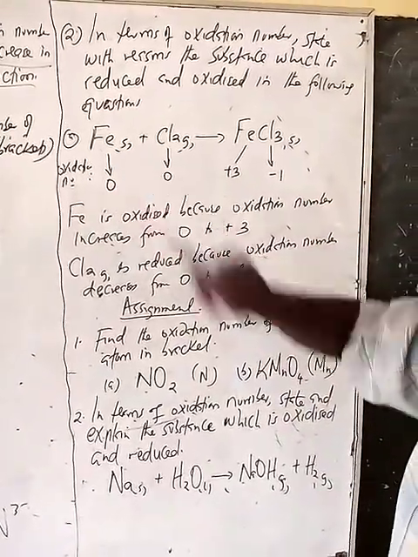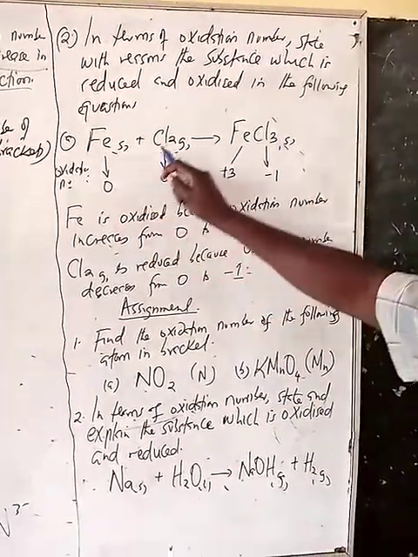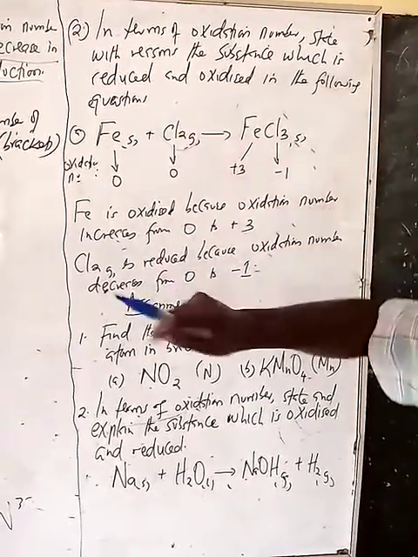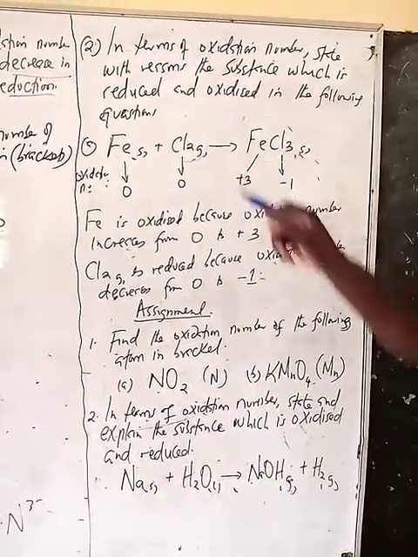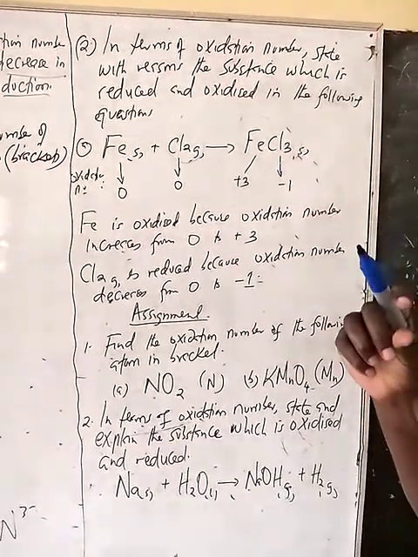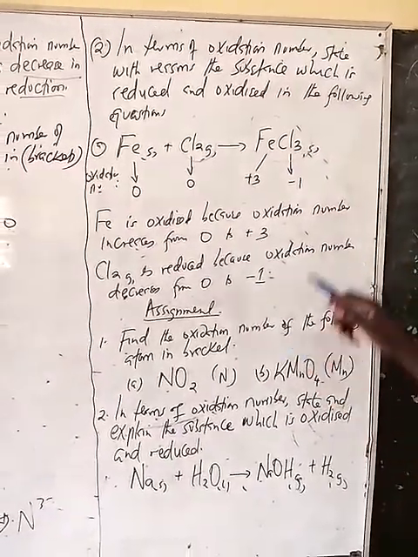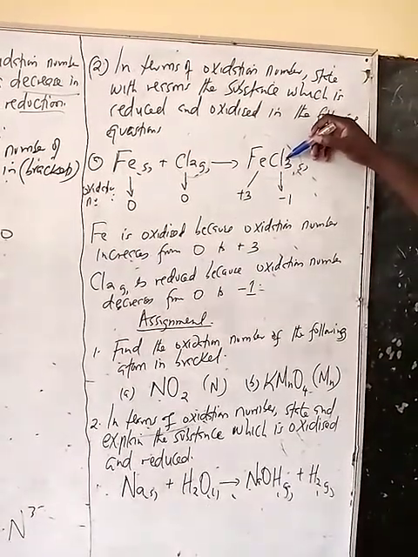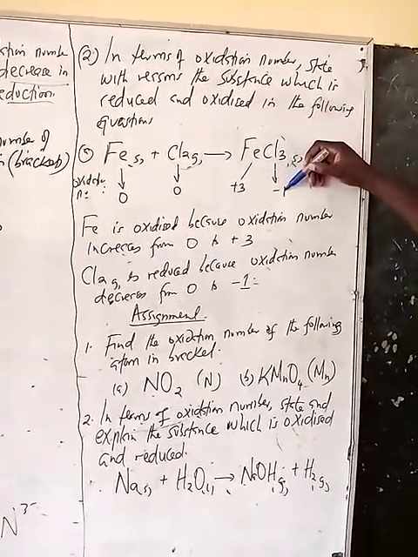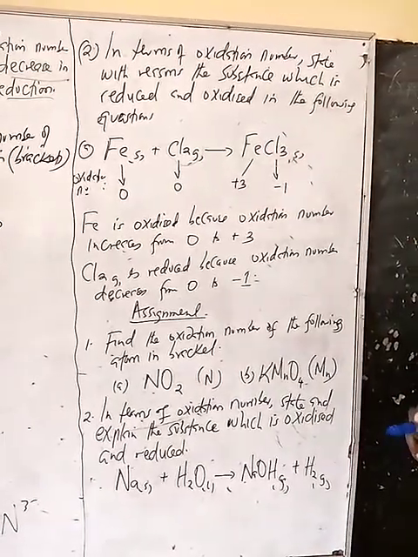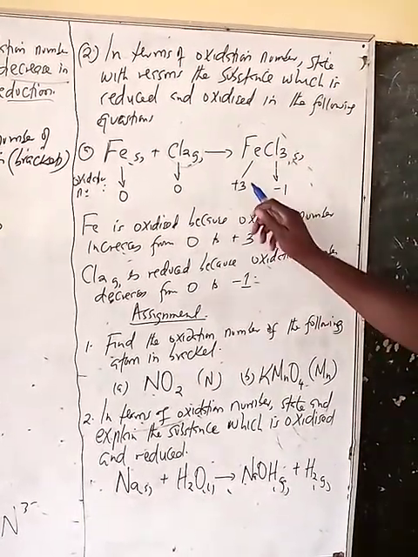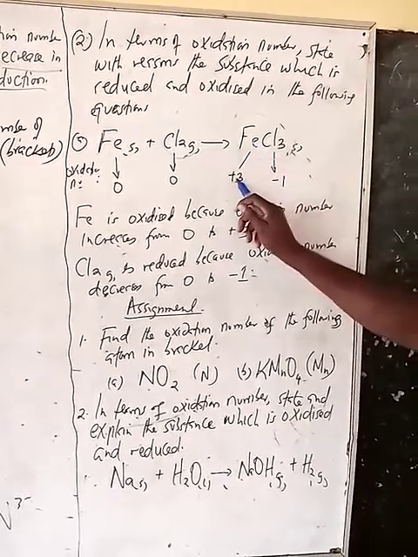Like this iron is 0. Chlorine, because it's a molecule and not charged, is 0. This one is a compound with two elements combined. Here the oxidation number of chlorine is negative 1, because chlorine gains 1 electron. Iron has an oxidation number of positive 3, because it's iron 3 chloride.